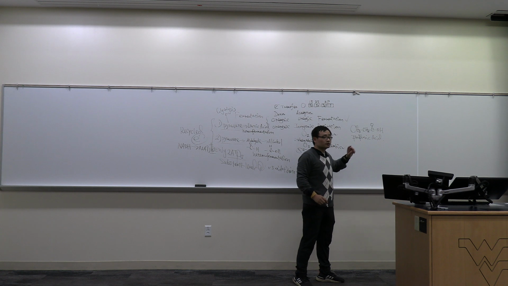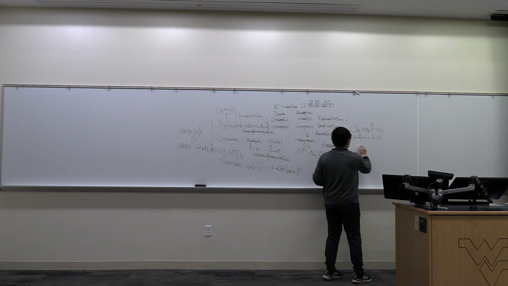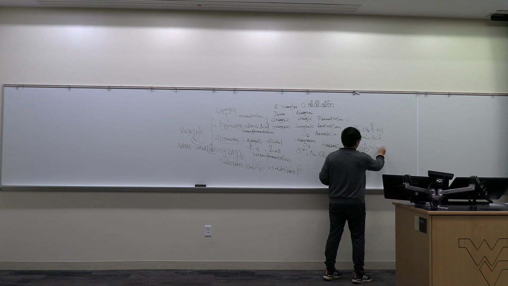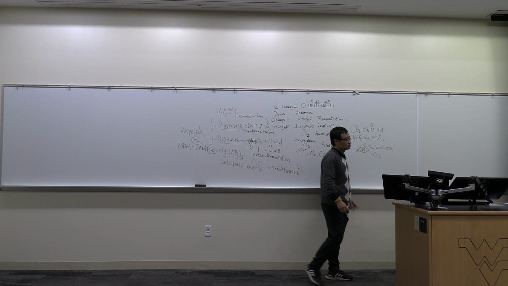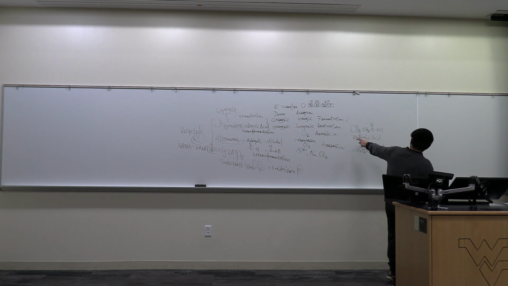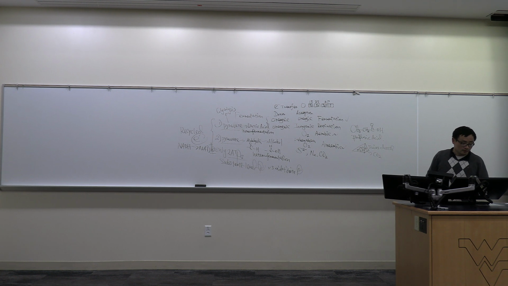Where do you see this one? Swiss cheese. See these holes? Swiss cheese. That's carbon dioxide. And it tastes very acidic. That's Swiss cheese. And this is a short chain fatty acid, propionic acid.